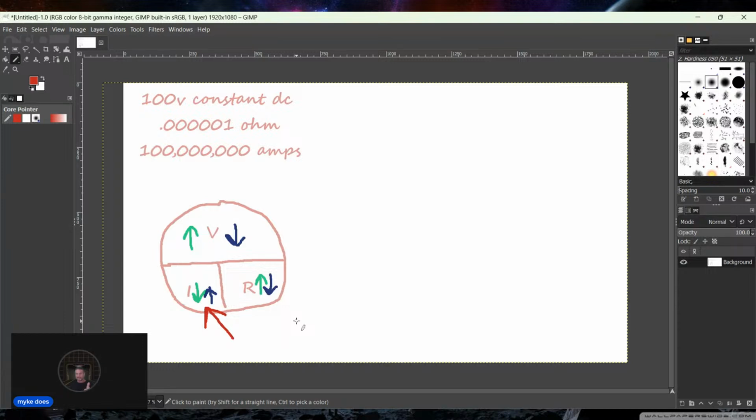Because as time is moving forward, more and more of those ions in the copper material are being aligned in the correct alignment with each other. And as more and more ions get aligned, the resistance goes down.